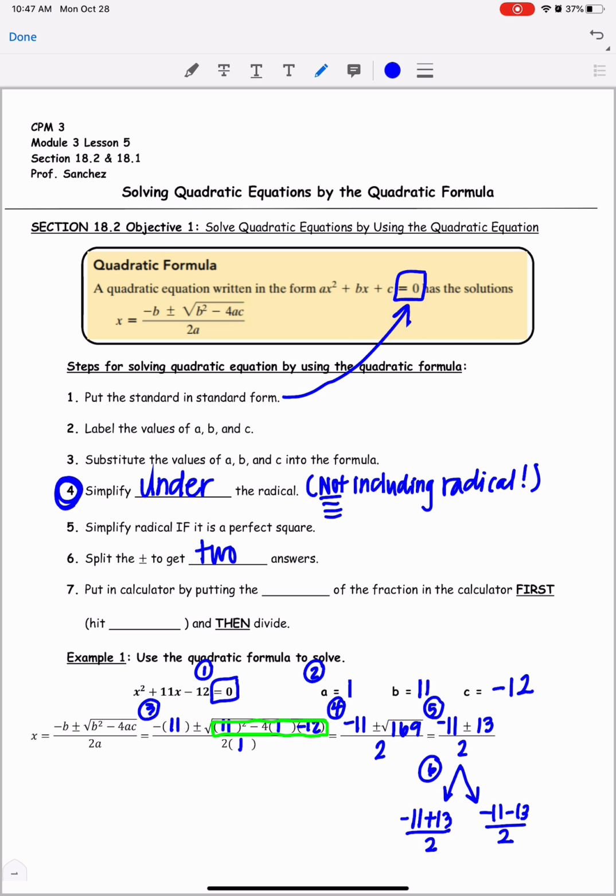Okay, the only thing that's switching signs is where this plus or minus is. So notice my negative 11 is negative 11 on both of those 2 answers. Okay, the only one we are changing is where that plus or minus is.